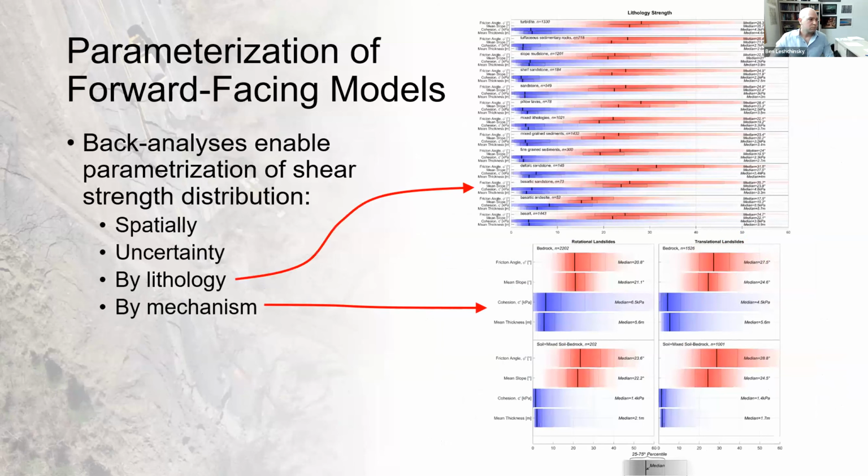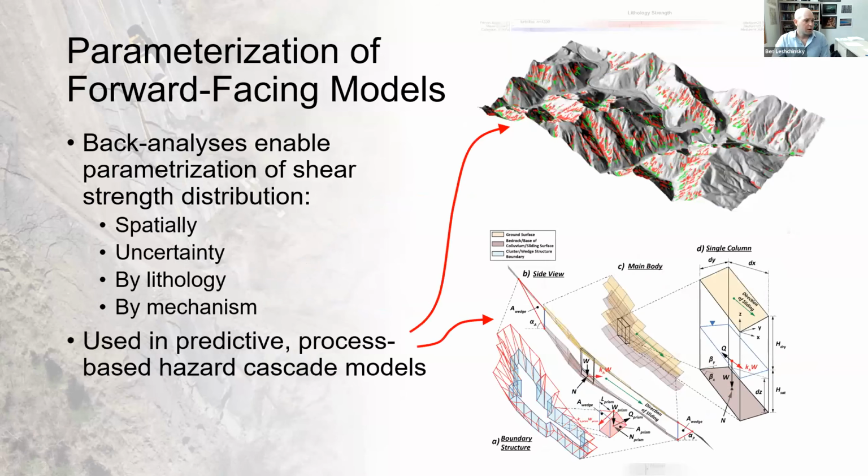What we also get are basically shear strength distributions as they relate to lithology, for example, or different types of mechanisms. A lot of landslide susceptibility models focus on one specific mechanism, but here you have an opportunity to look at different mechanisms. It can be used in predictive process-based hazard cascade models, and there's a variety of those out there, some of which will be talked about today that are excellent.